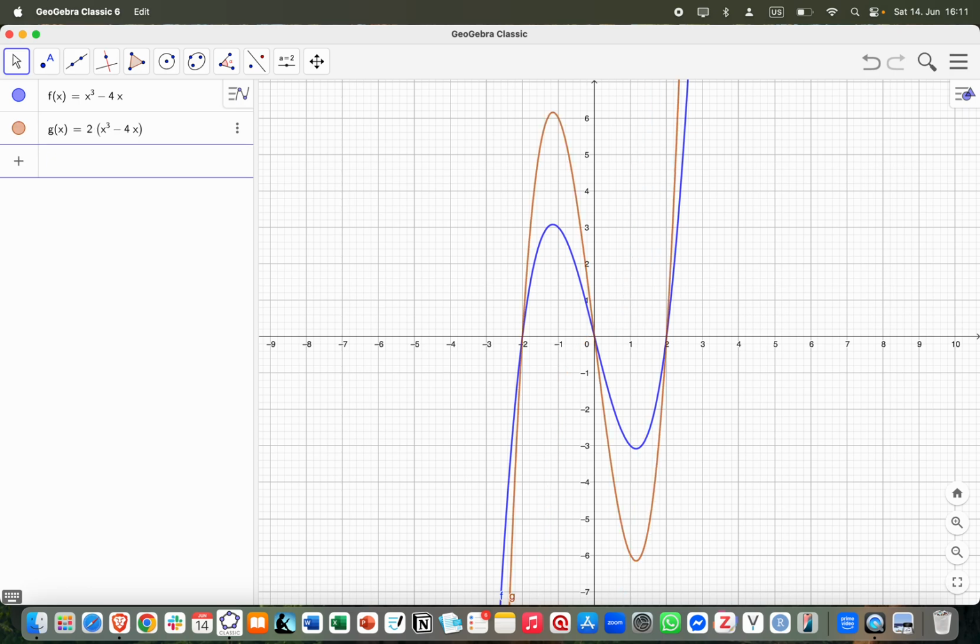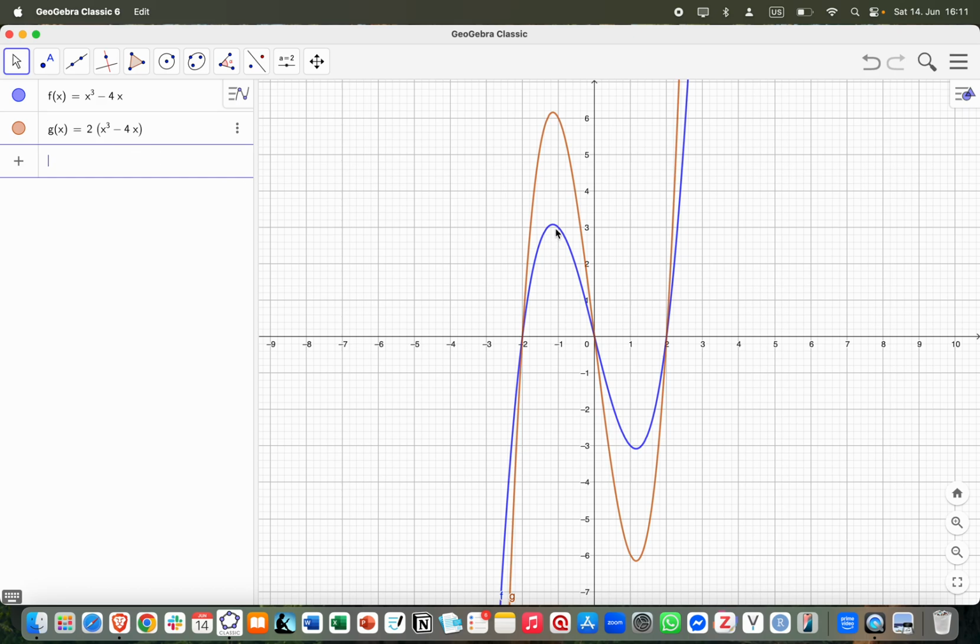Now, if you look at the points one by one, it will make sense why the graph looks like this. Since we multiply the output, which is x cubed minus 4x, by 2, in effect we are multiplying the y-coordinates of the points by 2.